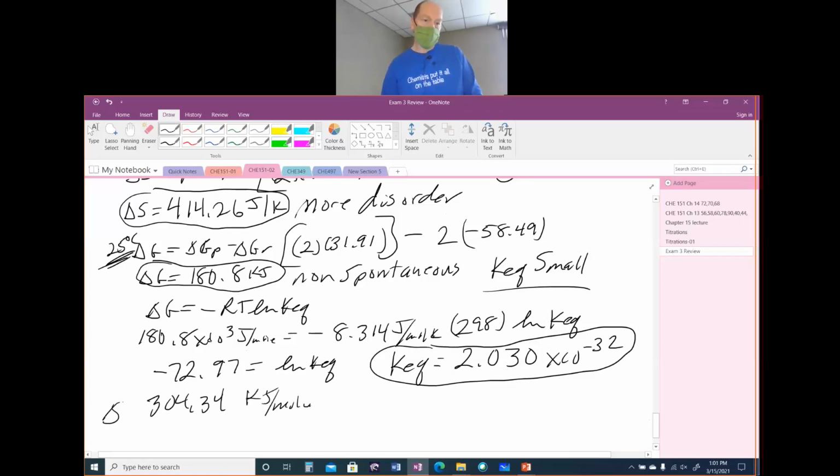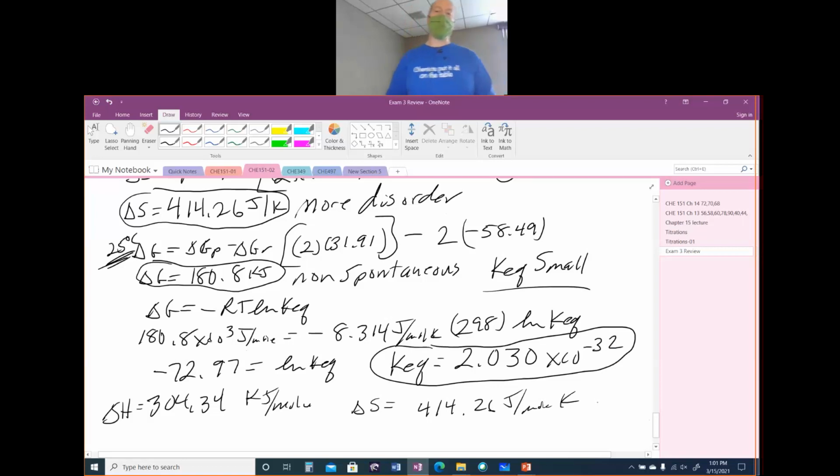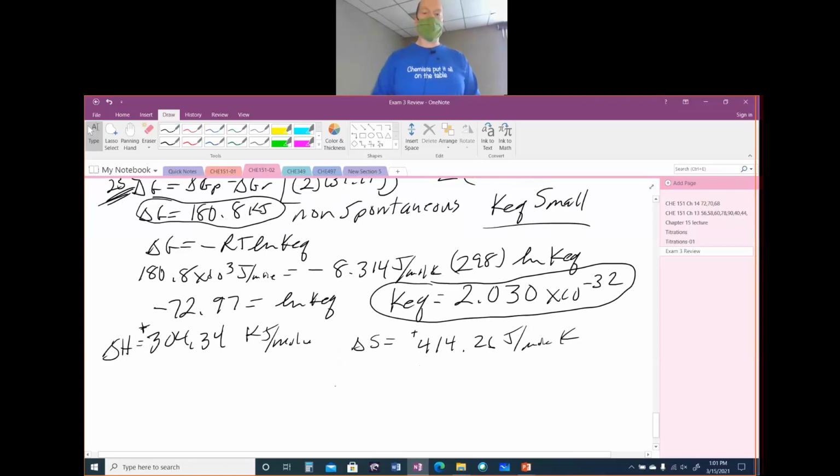That is my delta H, positive. And then my delta S, we calculated 414.26 joules per mole Kelvin. All right, and so when you have a positive delta H and a positive delta S, we know that this is going to be spontaneous at high temperatures.